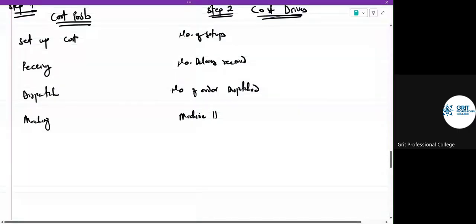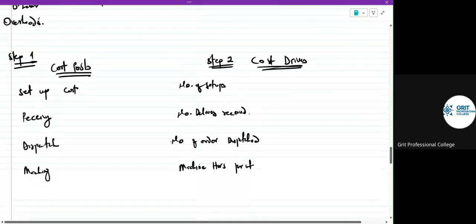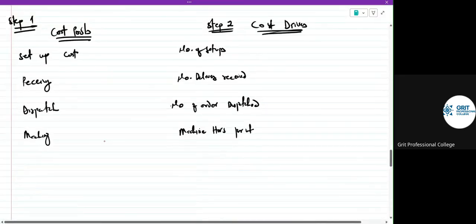All right. I will talk about the cost drivers for a bit, and I want you to pay key attention to this. Let me write it in red, please.